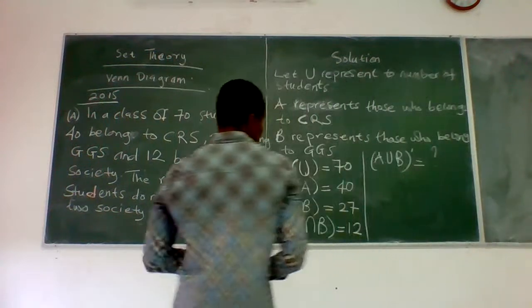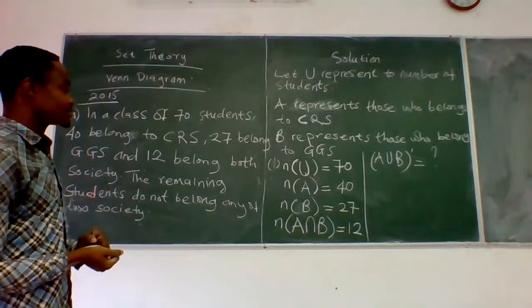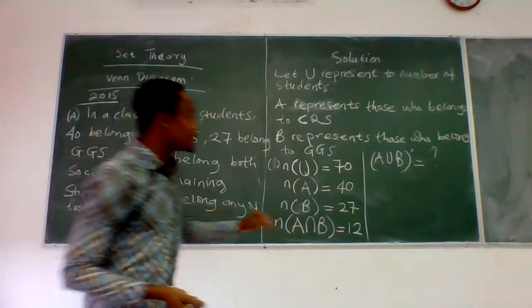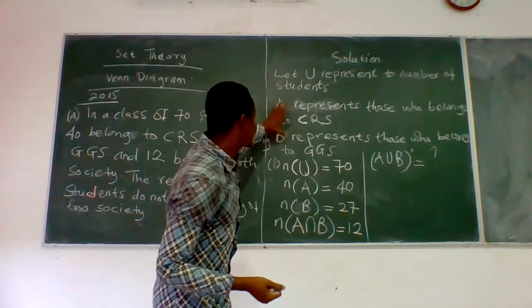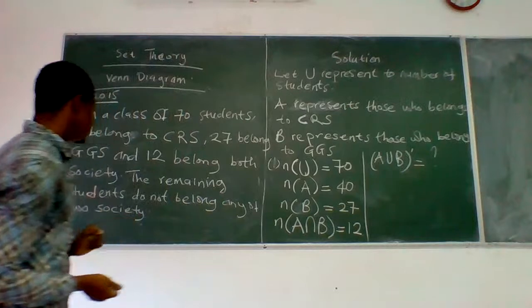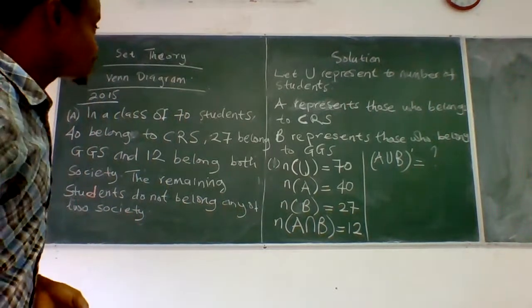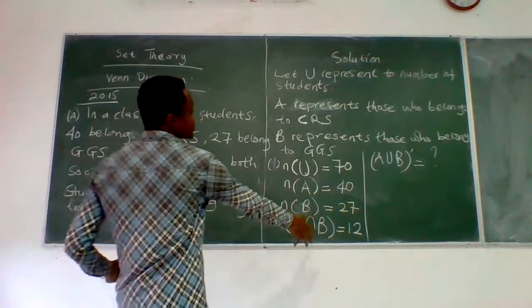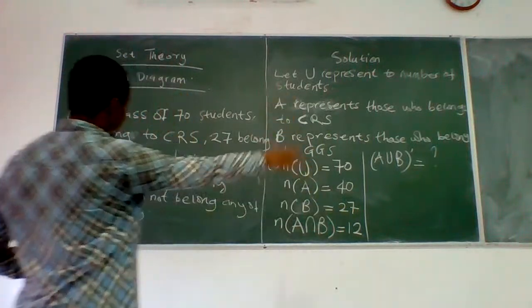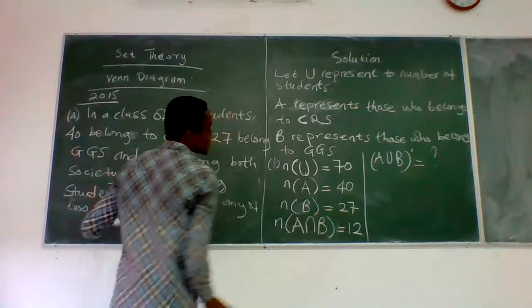When you find the union, when you add these two societies, and then you find its complement, then you have the total remaining students. So this is the extraction of this word problem into a more mathematical form.